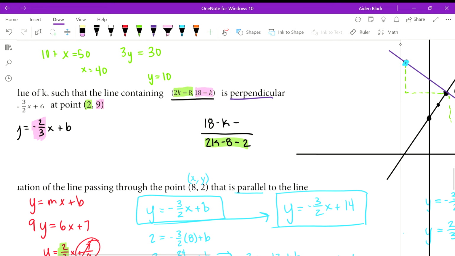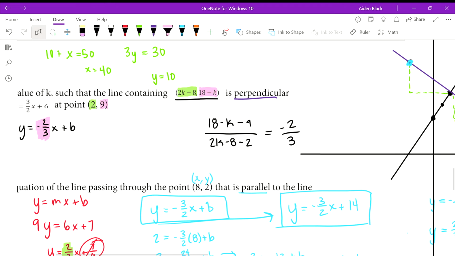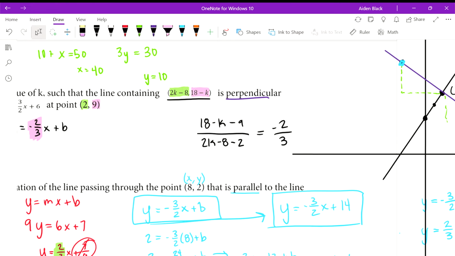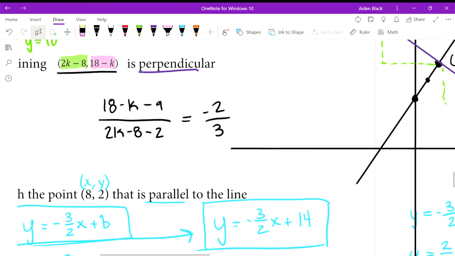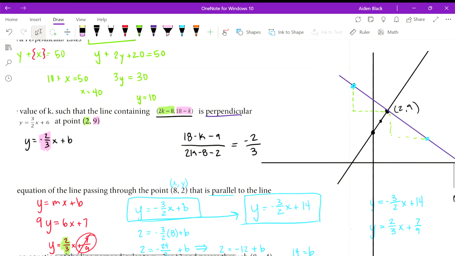Like I said, it should be -2/3. So that means they're equal. Since I have this equality statement, I can solve for k. So this is what I'll do.